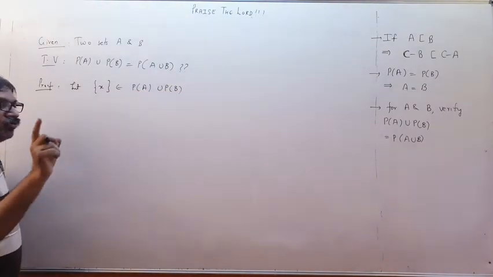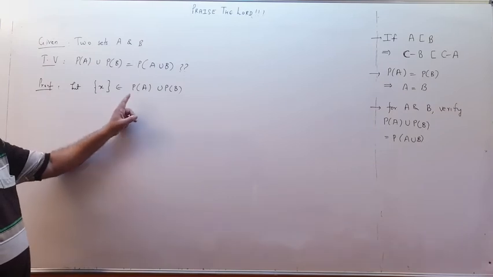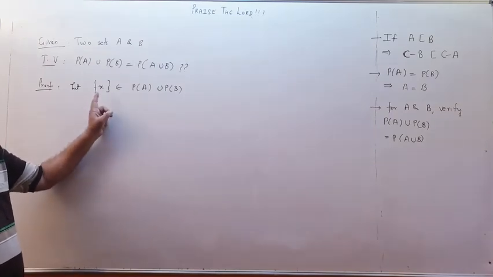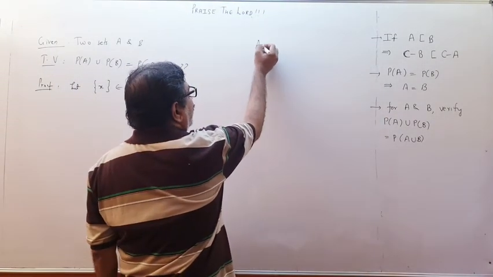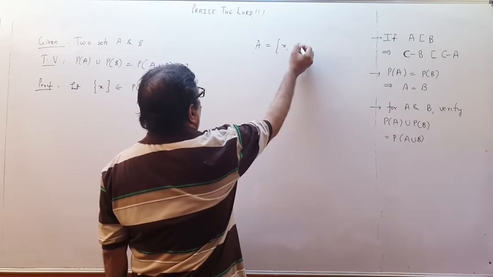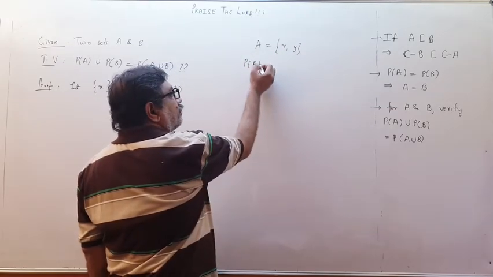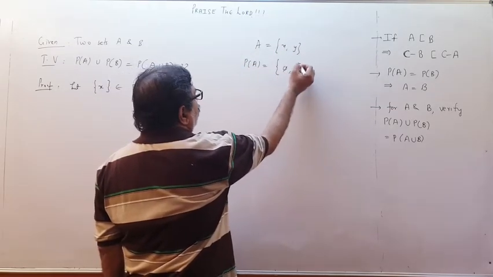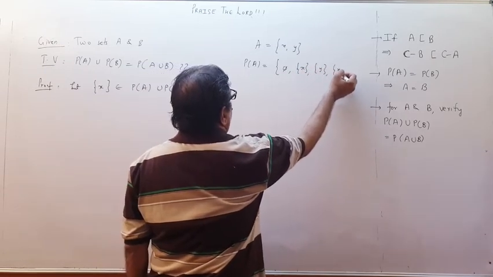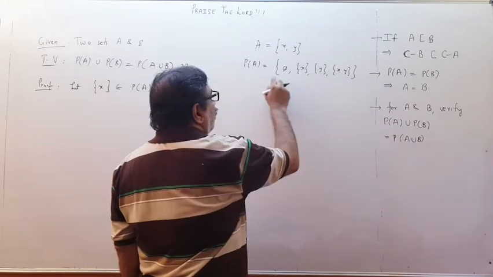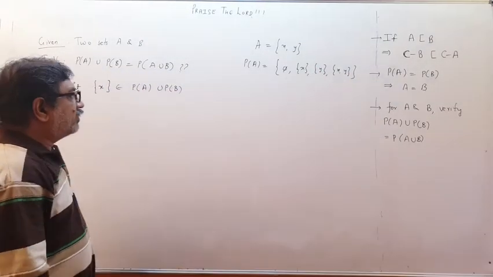PA and PB are two sets, therefore set X. In power set, element will not come. Elements like this will come, having set notation, if you are at power set of any element. So, for example, if I write A as XY, then what will be power set of A? Power set will contain null set, set X, set Y and set XY. So power sets contain only set elements like this.